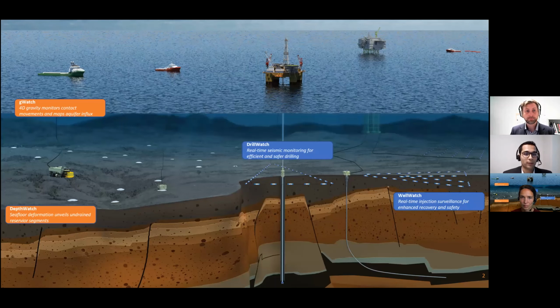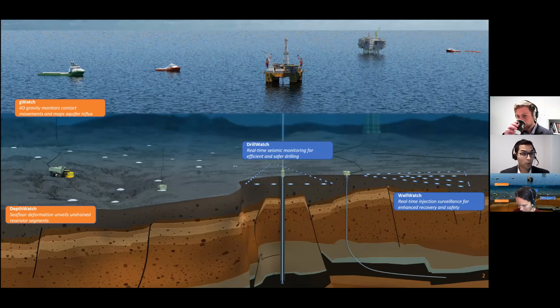All right, to get the ball rolling. As many of you know, GWatch is a technology company based in Norway with industry-leading expertise in microseismic monitoring and gravimetric monitoring. At GWatch, we have two key business units.